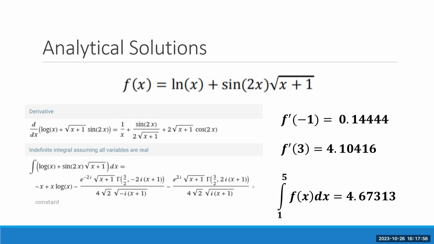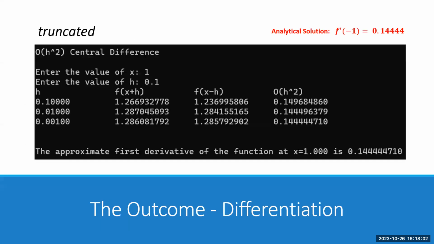Now let's compare these values to the output of the C program. For the OH2 or the truncated formula, when we enter the value of x equal to 1 and h equal to 0.1, we obtain an approximate first derivative of the function at 9 decimal places, 0.144444710.